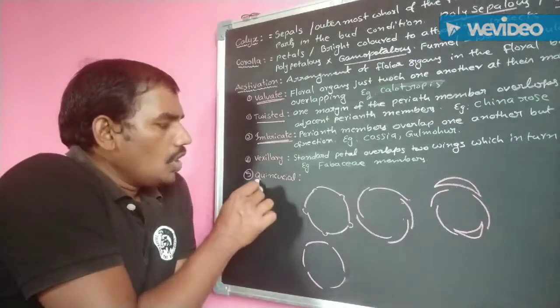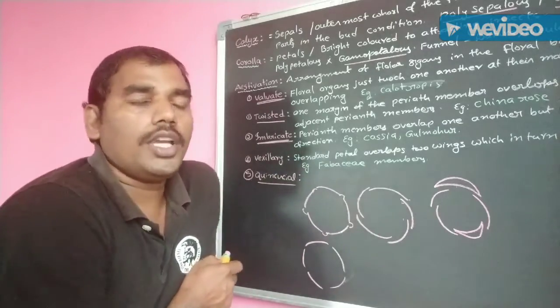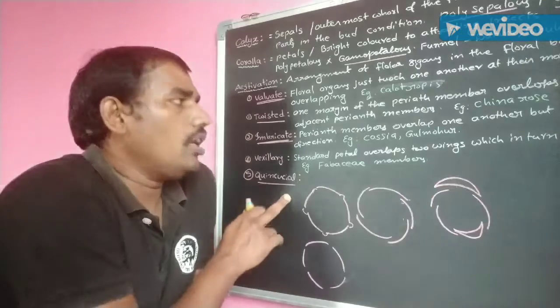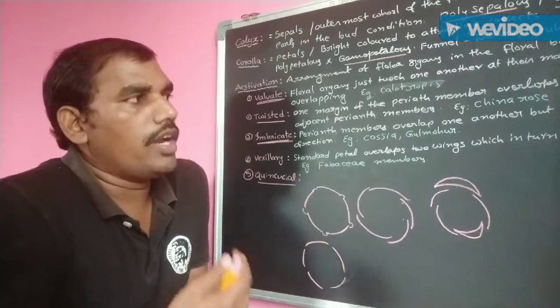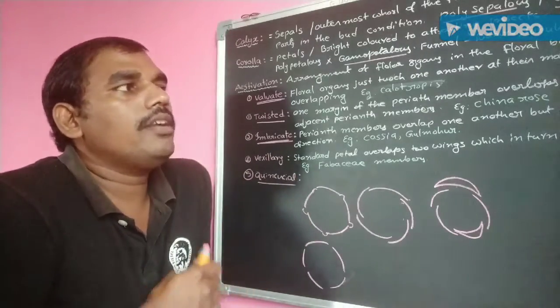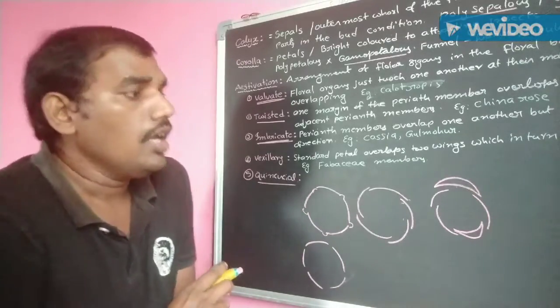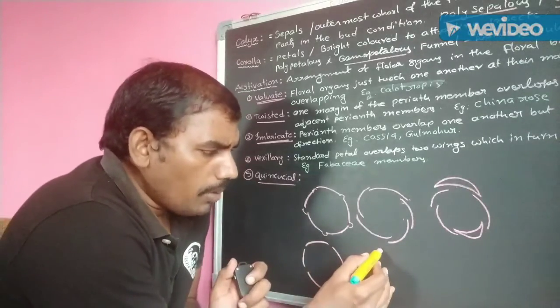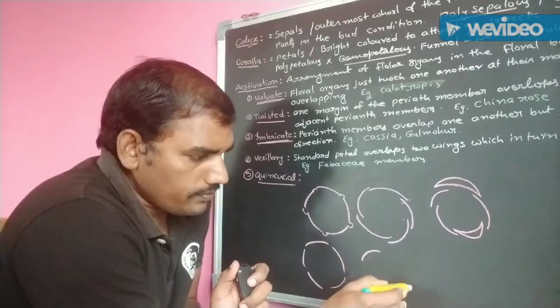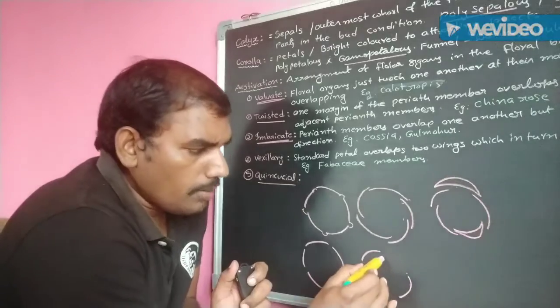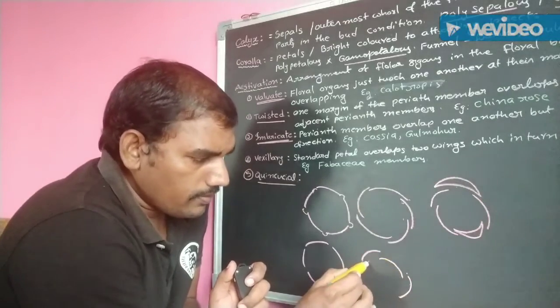Another one, quincuncial. Okay, this quincuncial looks like imbricate aestivation. In this also, the perianth members overlap one another, but not in any particular direction. Okay, in this, two are completely outer, and two are completely inner.